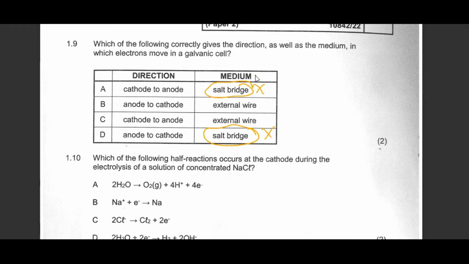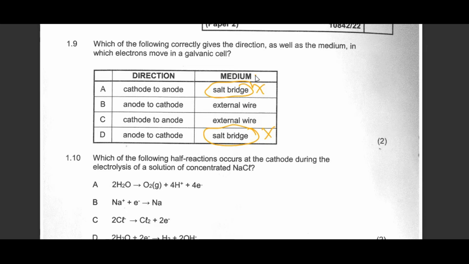So use this technique of elimination so that you have fewer options to pick from. The chances of you getting it right is increased if you wipe out those which are wrong. Okay.